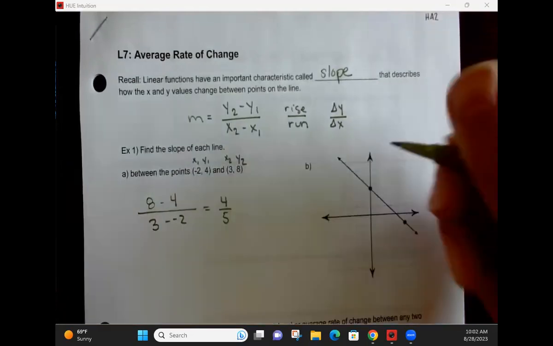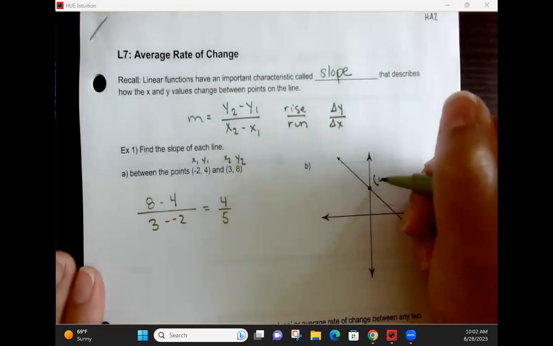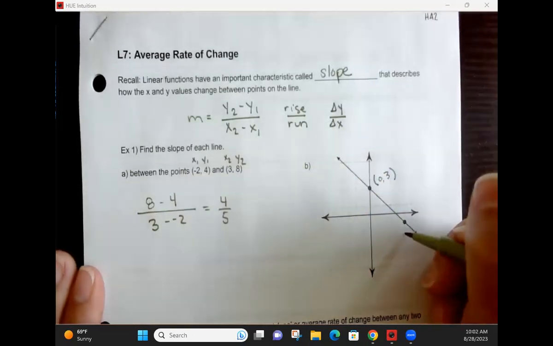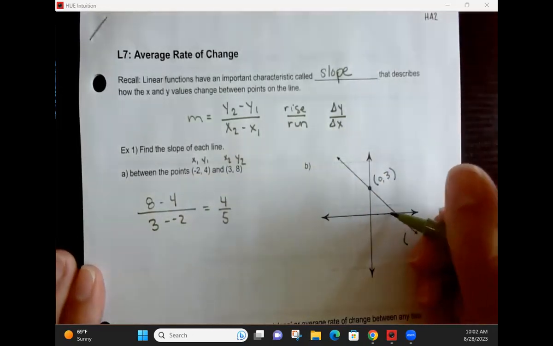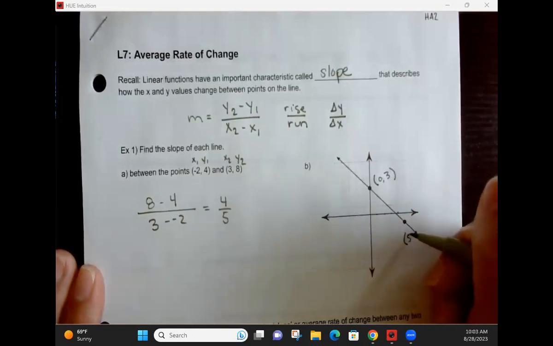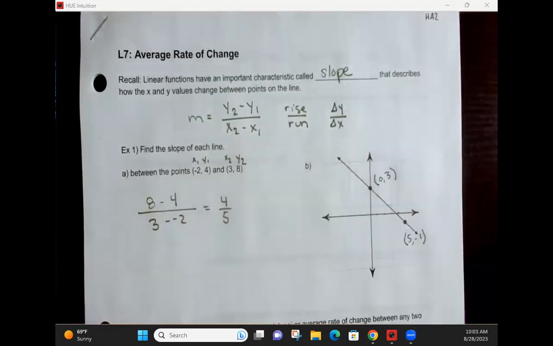For B, you can tell me that this is the point 0, 3, and this is the point 1, 2, 3, 4, 5, negative 1. And you can use the slope formula. Did anybody use the slope formula for B? What did you do instead? You counted. You can visually see the difference in the y and the difference in the x.